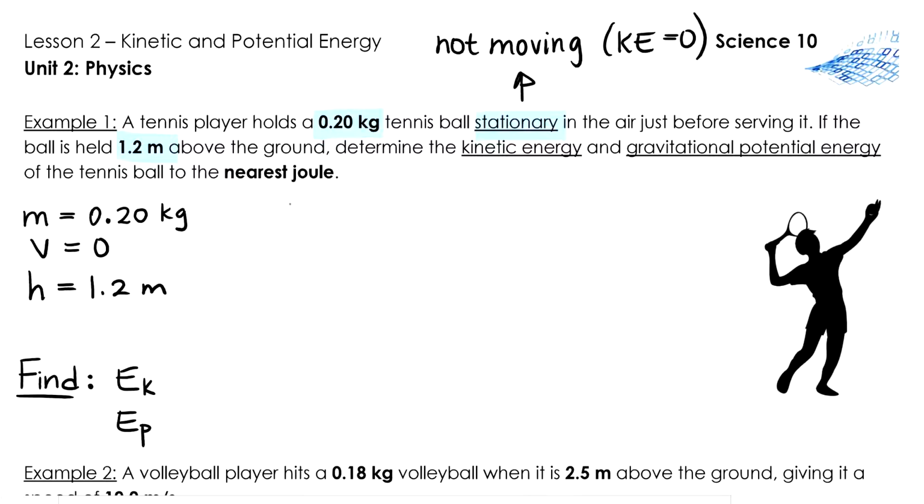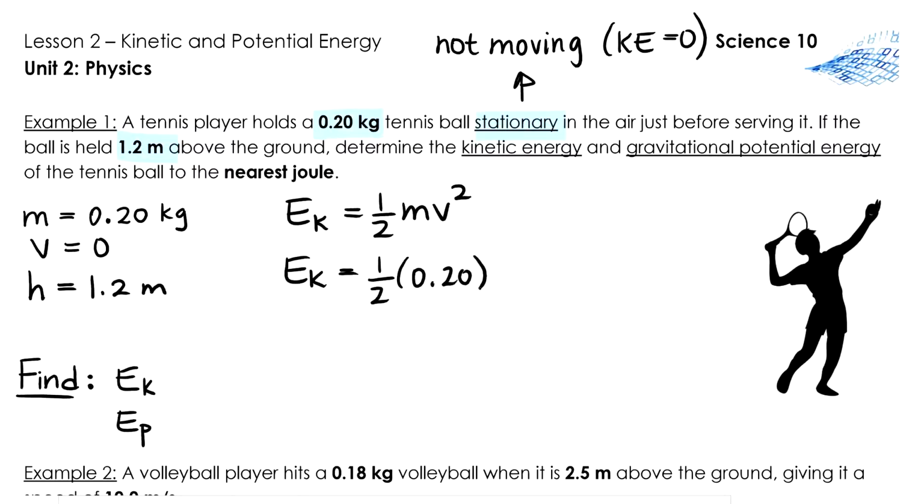The formula for kinetic energy is EK equals 1/2 times mass times speed squared. Once you've written down the formula, you can substitute in the numbers for each quantity. EK equals 1/2 times 0.20 kilograms times 0 meters per second squared.